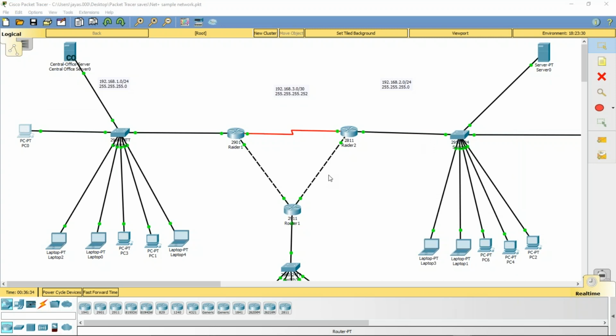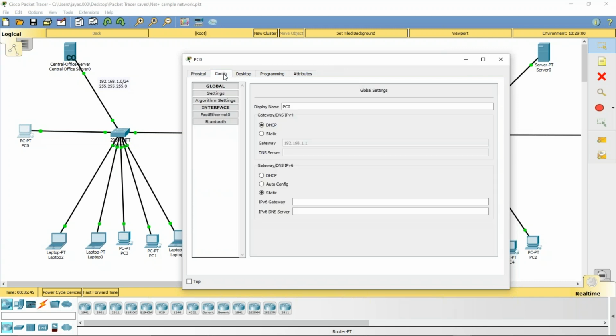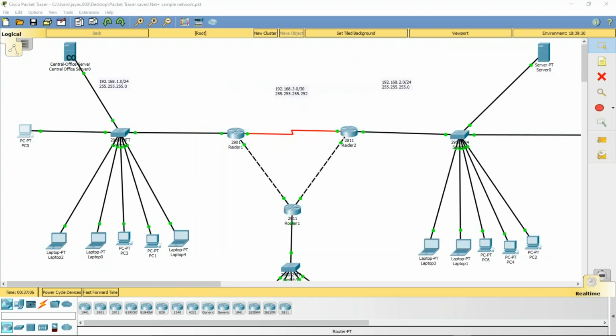I know what it is because I configured this network, but if I click on this PC and go to the config, I can see the gateway is 192.168.1.1. I don't want to skip steps because I think all of this is important. So go to your config, find out what the gateway is, verify that it's right. And then you ping that.